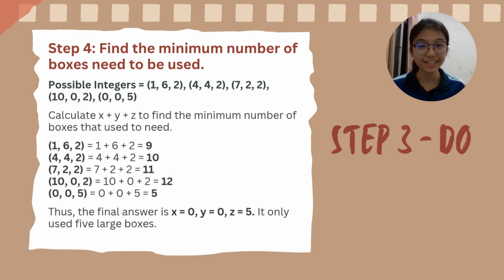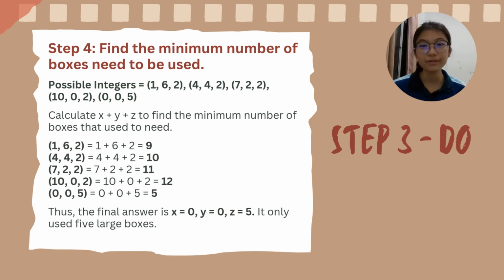So which set has the minimum number? You can see that it is the last set, which is 0, 0, 5, meaning x equals 0, y equals 0, and z equals 5. All the pencils are in the large boxes, and to put these pencils, we need 5 large boxes.